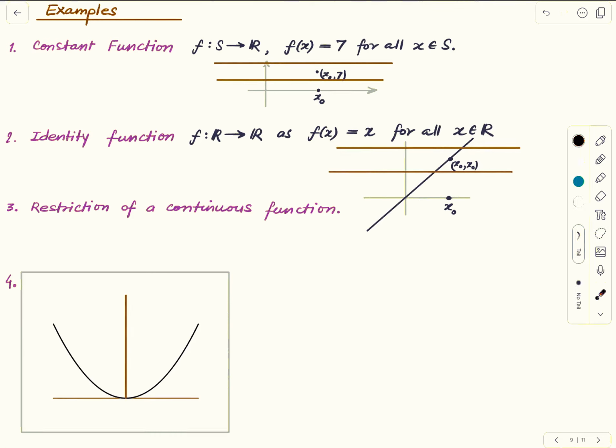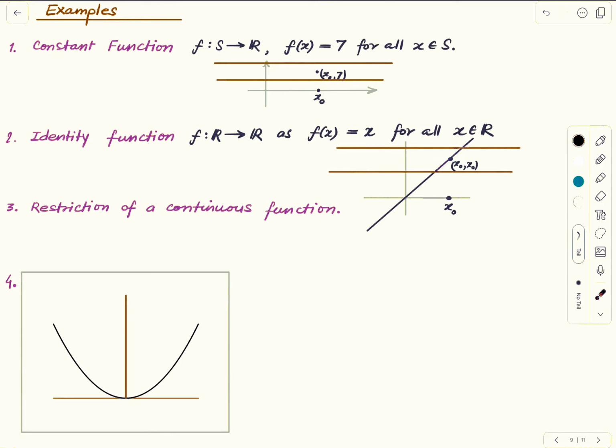We need to produce a delta such that the graph of the function restricted to this delta neighborhood is contained in this epsilon band. Can we produce such a delta? You can take delta to be epsilon. That works. Why? Since this is a 45-degree line and this is epsilon, this is also epsilon.